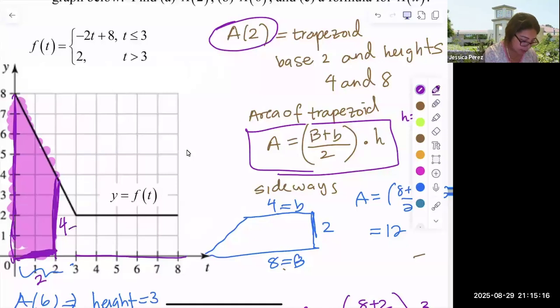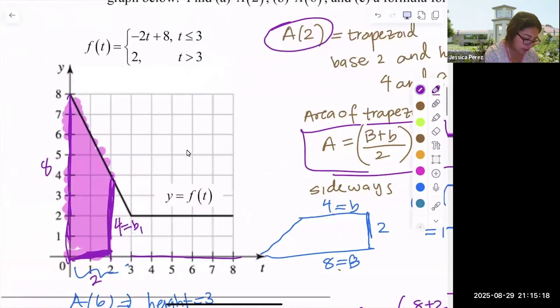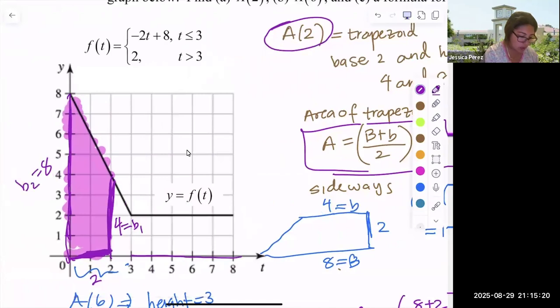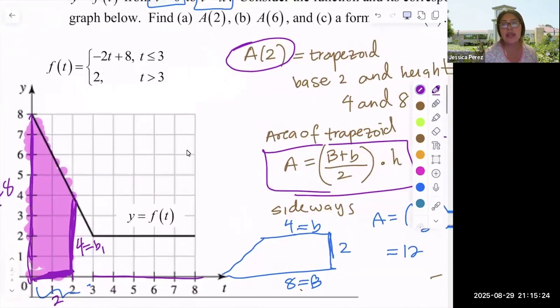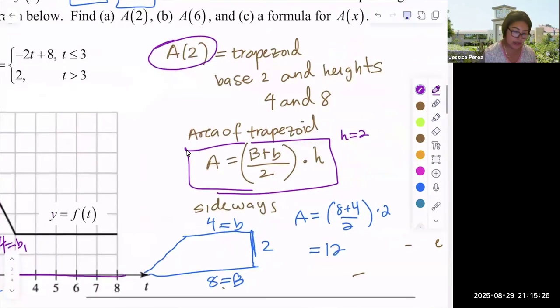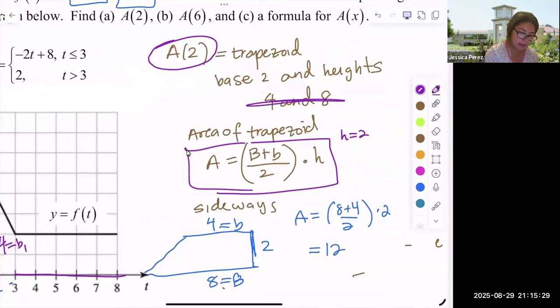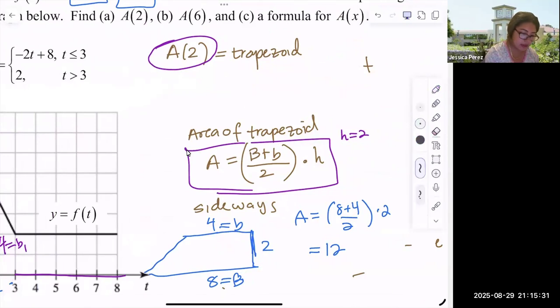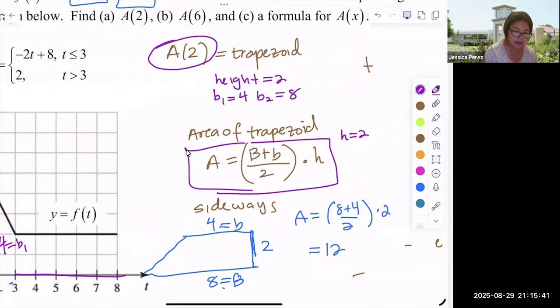We have base 1, and over here base 2, or in this case, I called it big B and little b. So A of 2 will be, here my height is equal to 2, my base 1 is equal to 4, base 2 is equal to 8.